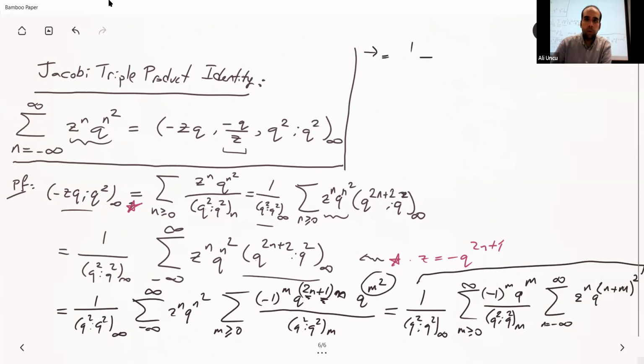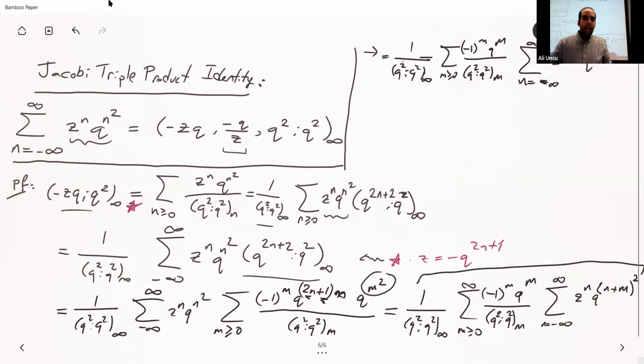We end up getting 1 over (q^2; q^2)_infinity, sum -1 to the m, q to the m, divided by (q^2; q^2)_m. This is one-sided. m goes from 0 to infinity. And on the inside, we have z to the n and a q to the n plus m to the power 2. And n goes from -infinity all the way to infinity.